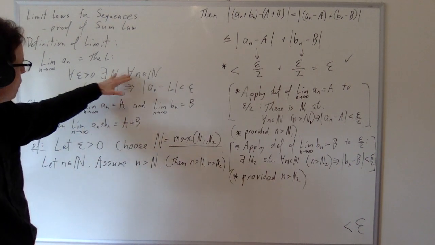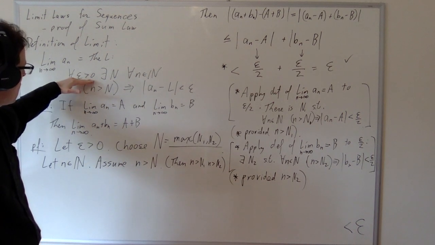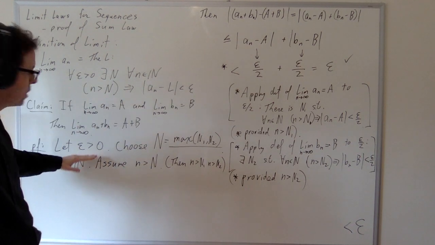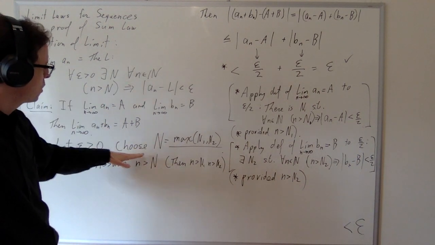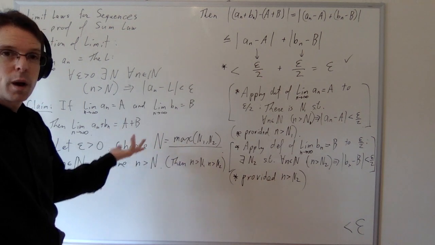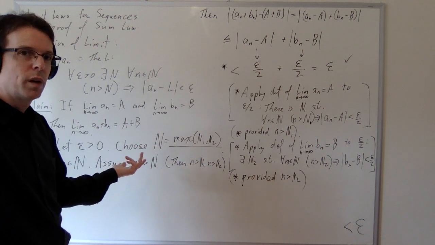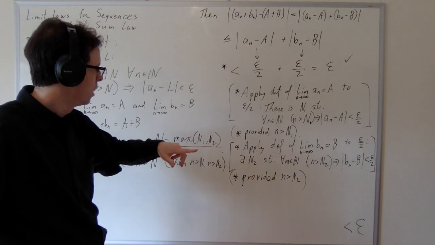So have we done that? Well, sort of. We've been faithful to this definition of the limit. We're saying, okay, I'm trying to prove that for every epsilon something happens, so I'm going to let an epsilon be arbitrary. And I'm trying to prove there exists a cap n, so I'm going to choose the value of cap n. That's the right thing to do. Right now is the right time to choose the value of cap n. But I'm choosing cap n to be the max of n1 and n2.